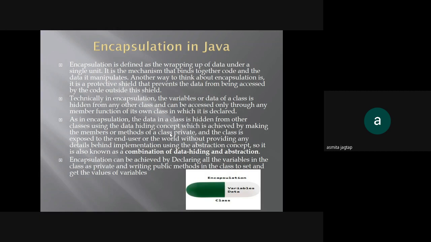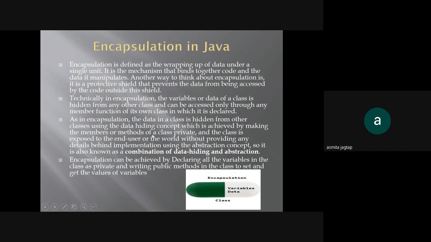Your bank password, your bank id, your customer id, you do not share with a third person. All this comes under encapsulation. In real time also, when they write the logic inside the login class, they specifically declare the user id and the password as private.